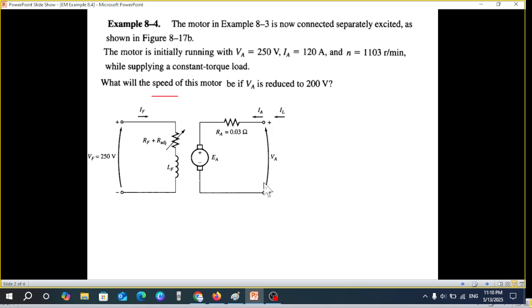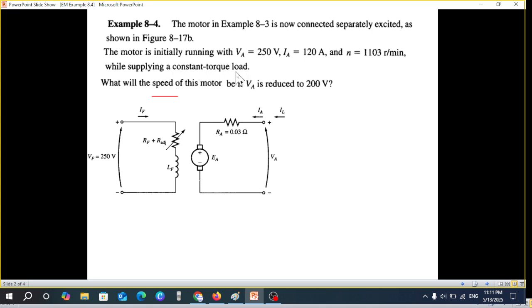So this is VA and it is running at 250 volt. IA is 120 ampere. So this current, the armature current, is 120 ampere. And N, that is the speed of the motor, is 1103 revolutions per minute, while supplying a constant torque load.